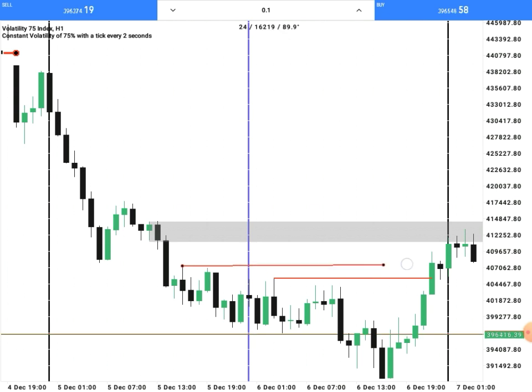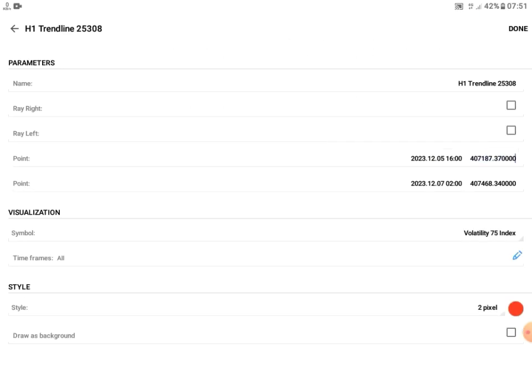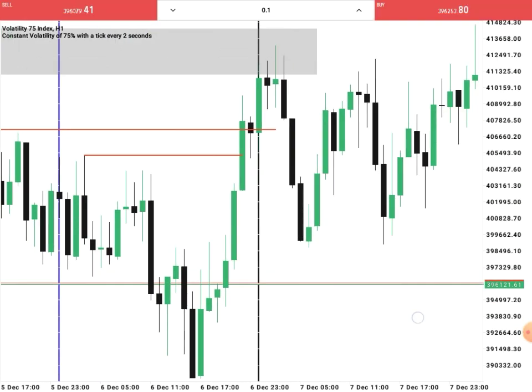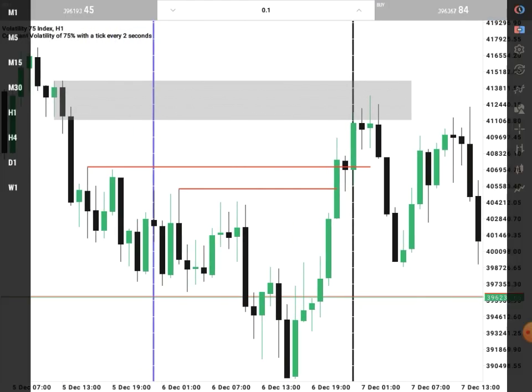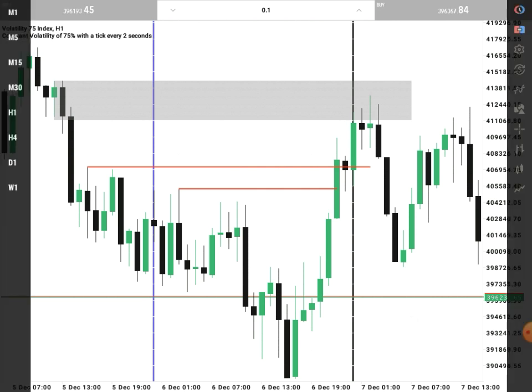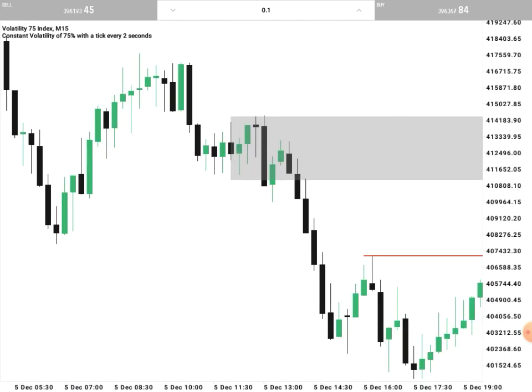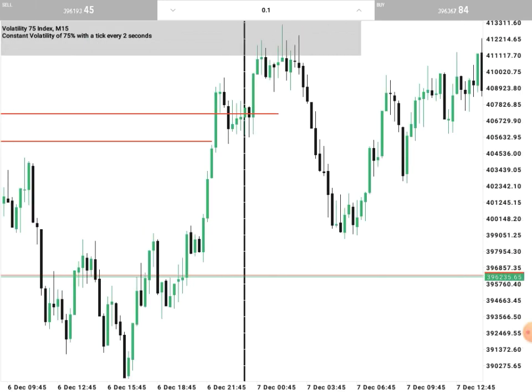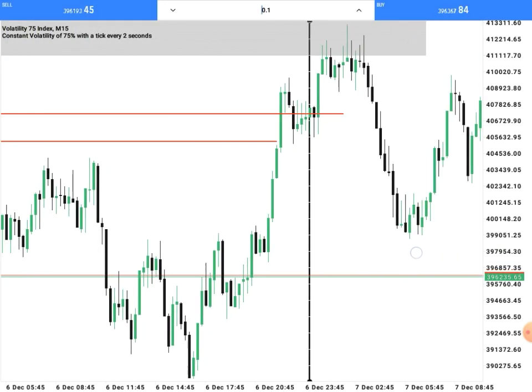For trend traders, they're saying the market is trending downwards, right? So we are going to follow that trend on the daily time frame. The previous candle was bearish, so I'm expecting this day to be a bearish day too.